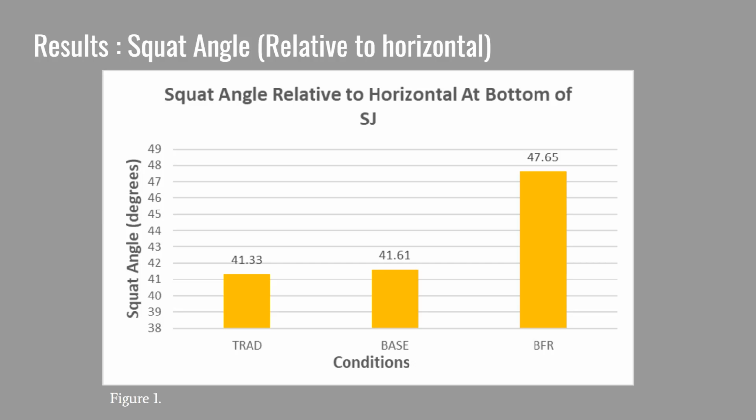So based on the 3 participants, we had to simulate our data to have 21 participants instead of 3. We multiplied the data of 3 participants by 7, so we got a more significant difference between traditional, pace, and BFR conditions. Based on that, the squat angle with BFR is greater than the other 2 conditions.